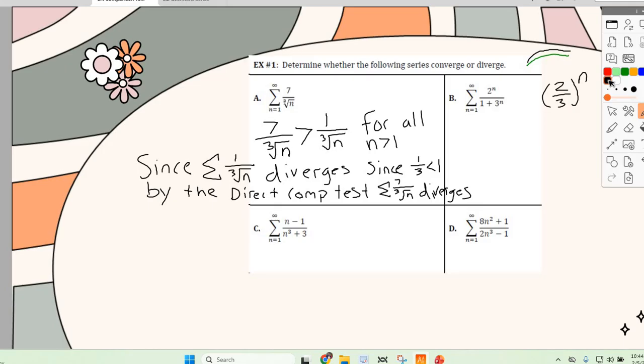Okay, so if I add a 1 in my denominator to all of the numbers that I'm going to list out, what's that going to do to the overall fraction? Make it slightly smaller, right? As I make my denominator bigger, it makes the whole fraction smaller. Do we agree with that? Yes. So we can confidently say that 2 to the n divided by 1 plus 3 to the n has to be less than that.